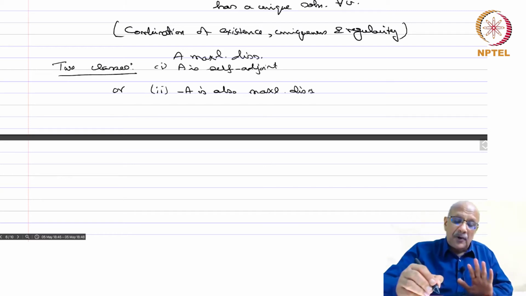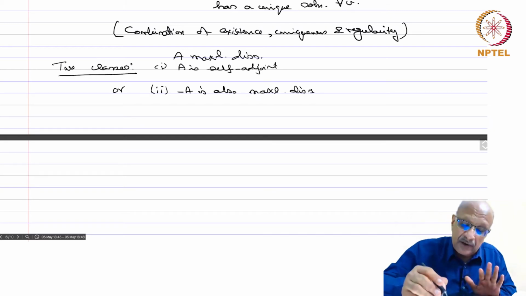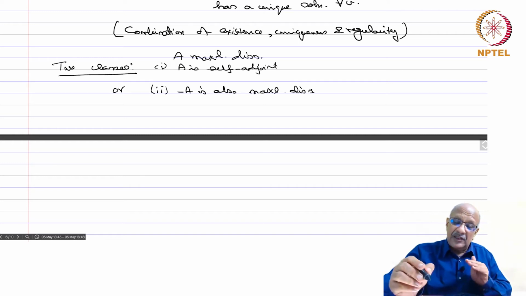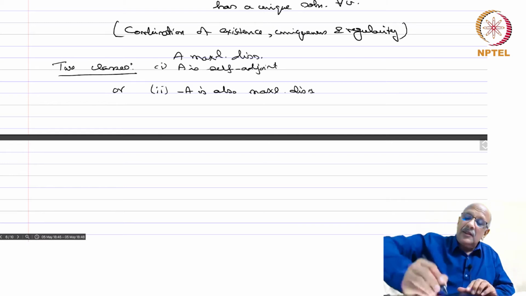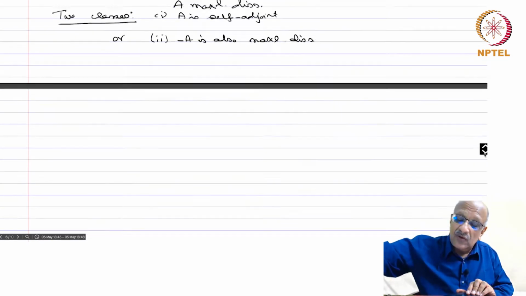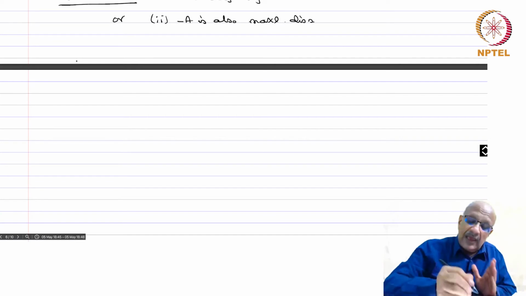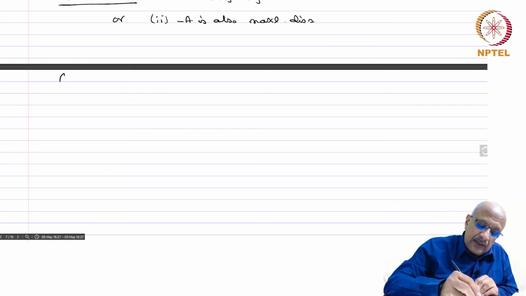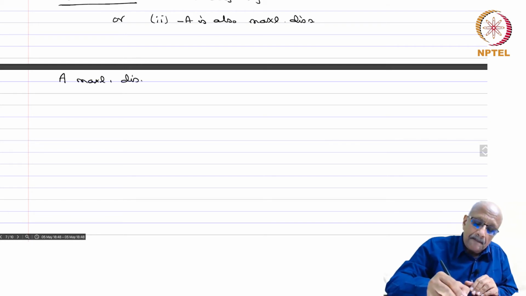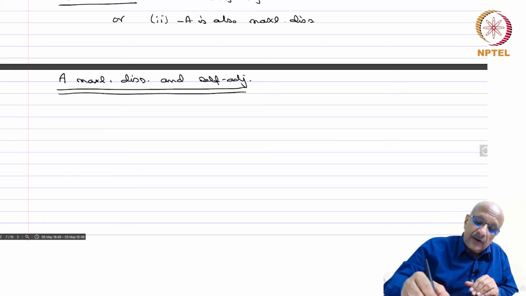So, there are two important classes of maximal dissipative operators which we like to study because they have very nice properties, and one is that A is self adjoint and the other is when minus A is also maximal dissipative. That means A and minus A are maximal dissipative. Okay, so we will take the case A is maximal dissipative and self adjoint. So, this is the case which we would like to consider now.